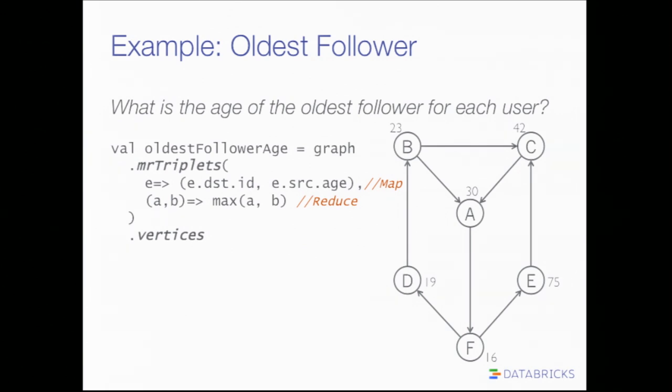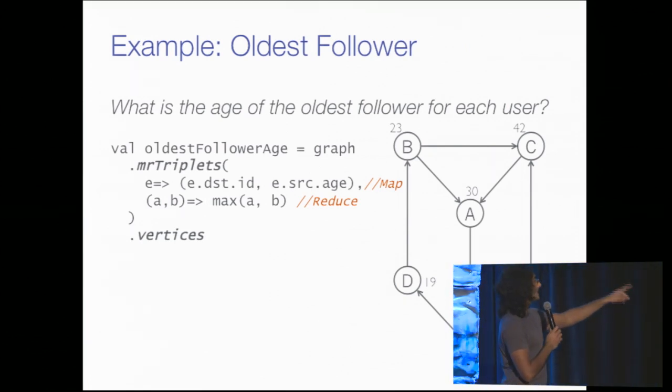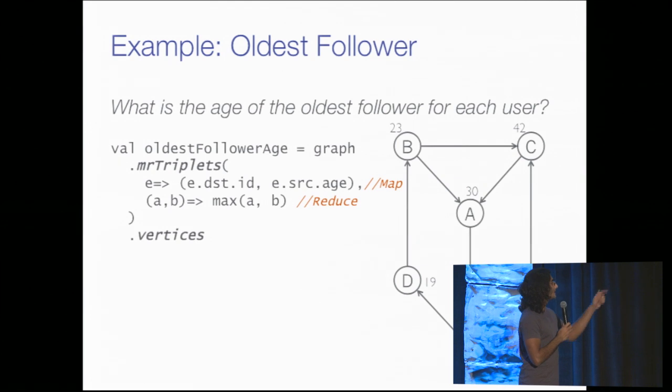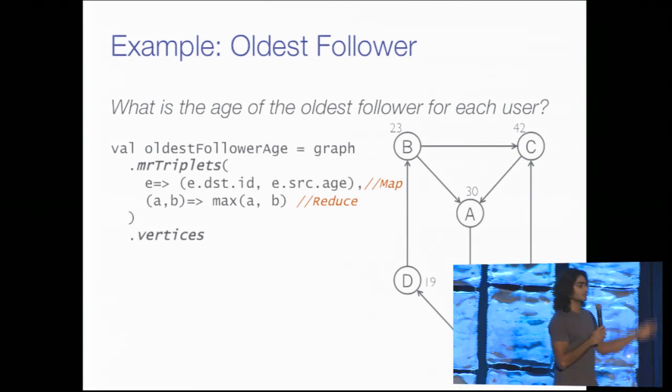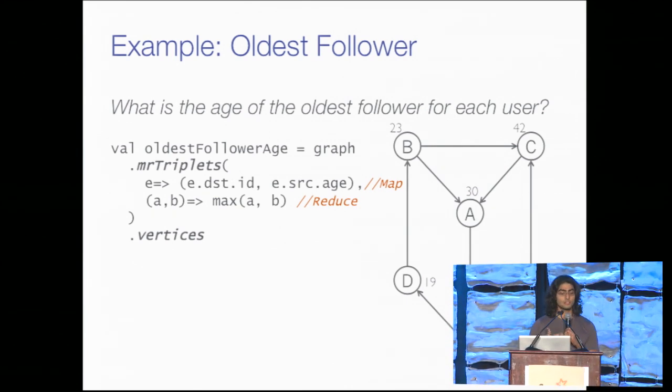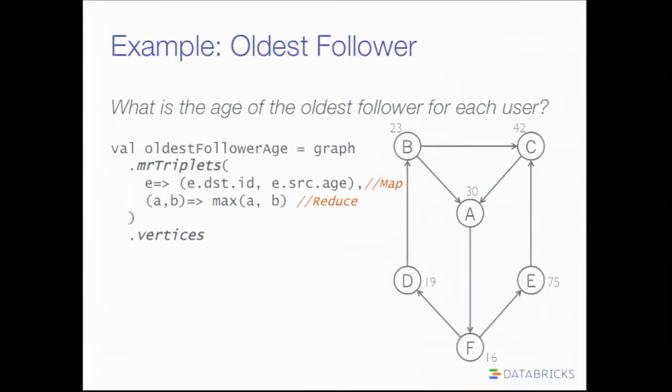I don't know if you can see, but e.dest.id means to send something to the user being followed, and e.source.age means to send the age of the user who is following. And then we could just take the maximum such age, that's the max function, as the reduce function, to take the maximum follower age for each user.